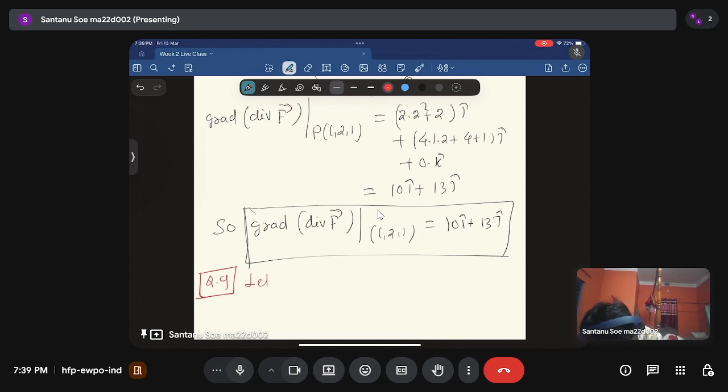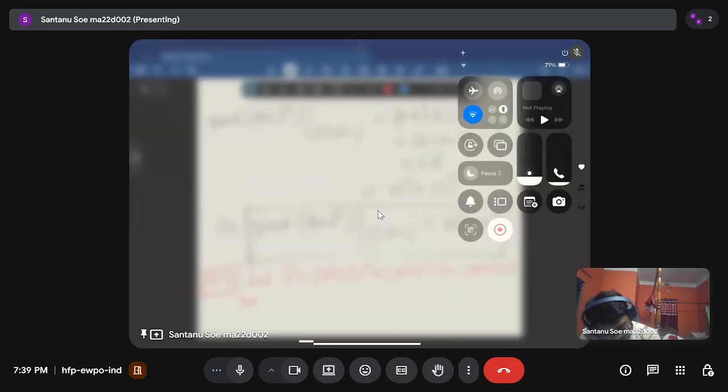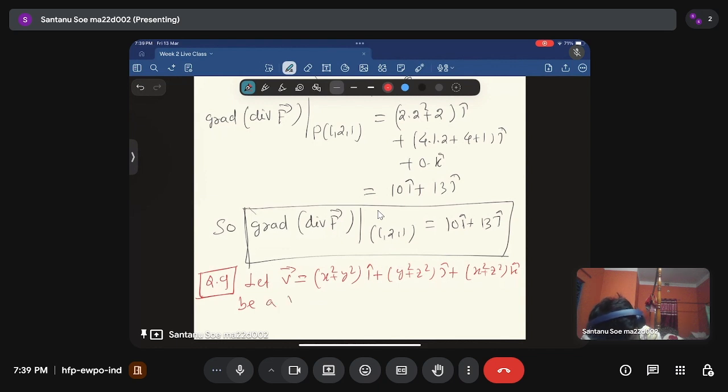So let v cap equal (x square plus y square) i cap plus (y square plus z square) j cap plus (x square plus z square) k cap be a vector field.